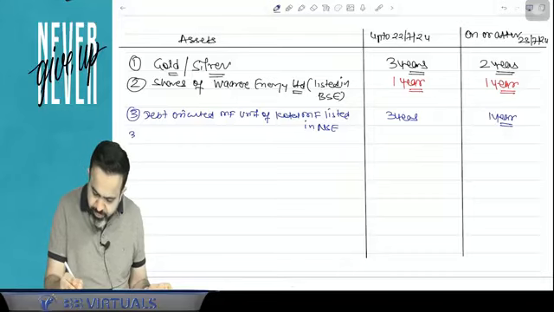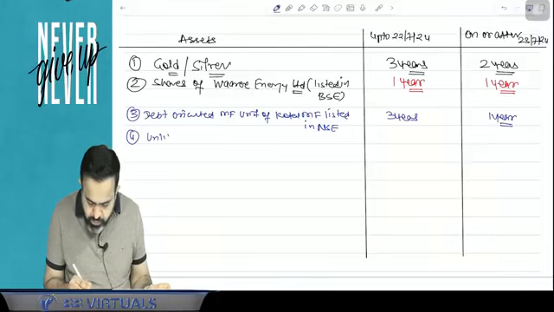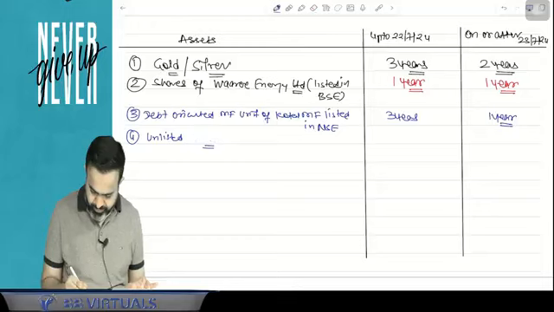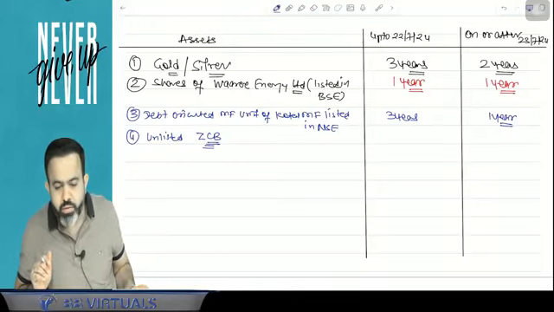Next is point number 4. Unlisted zero coupon bonds.